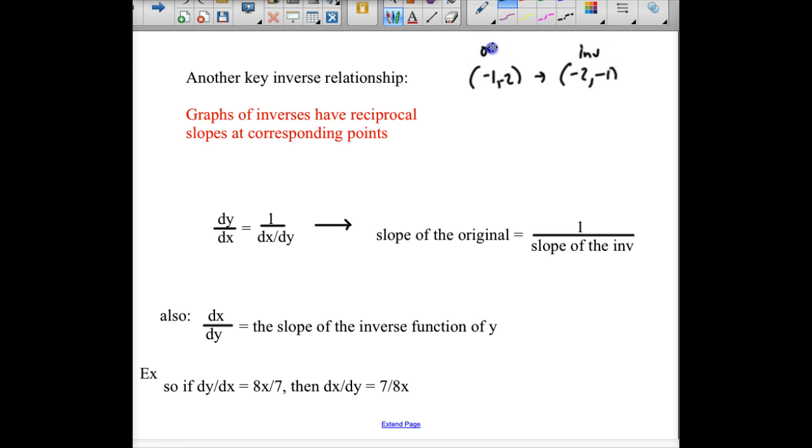So this is the point on the original, and this is the point on the inverse. Okay, so the graphs of inverses have reciprocal slopes at corresponding points. So if we have the derivative of the original function, it would equal 1 over the derivative of the inverse. So you could consider this to be the derivative of the inverse.